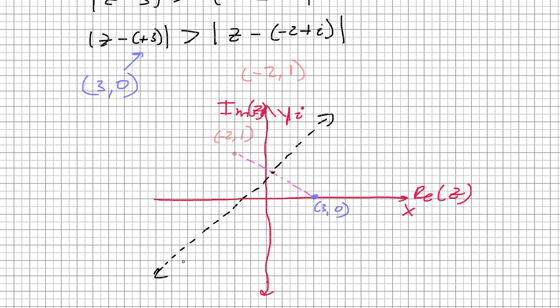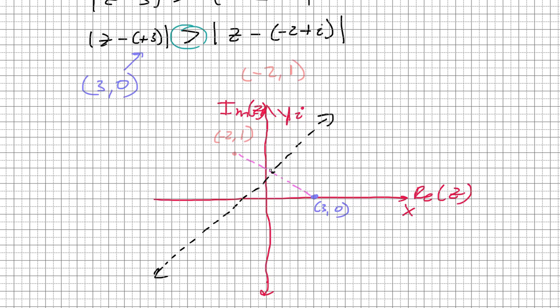So z, our complex number, has to be on one side of this line or the other, and it's going to be a shaded region. We need to shade the correct side of this line. Our equation says the distance to this point must be greater than the distance to this point. If I'm on this line, my distances are the same, but I want to be further away from the (3, 0) point than I am from the (-2, 1) point.